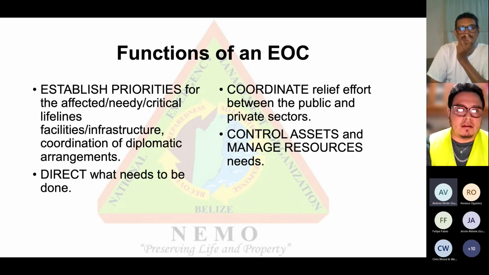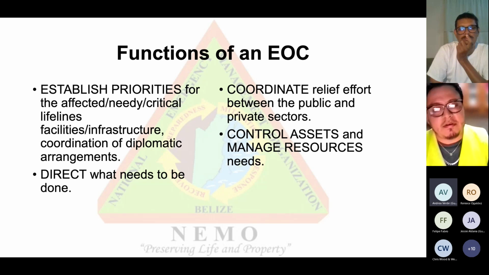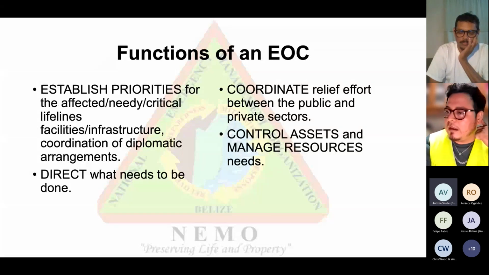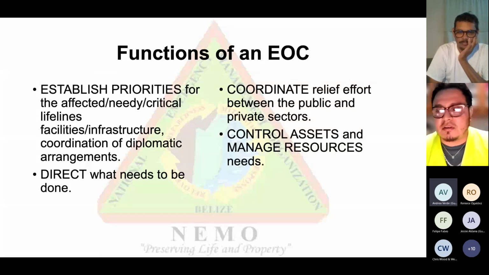I'd just like to mention something very good to bring about. Whenever I go to my village emergency committee, I stress that in NEMO, we do not place politics, race, or religion. We are not there just for certain areas, whether you're from a suburb or a rural area.